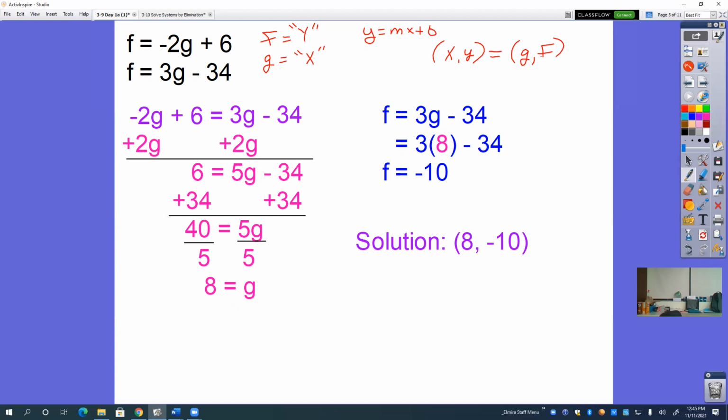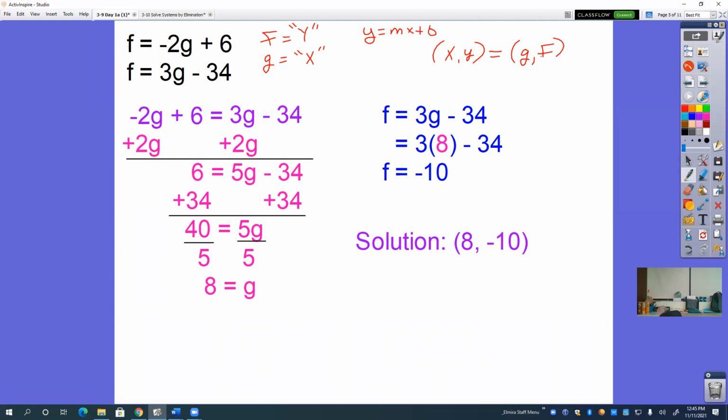So set the two equations equal to each other. Negative 2G plus 6 is equal to 3G minus 34. And again, now we have variables on both sides. Cancel out the smaller variable. Well, negative 2G is smaller than 3G. So the opposite of negative is to add 2G to both sides.